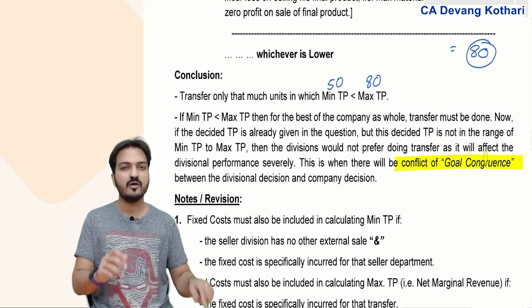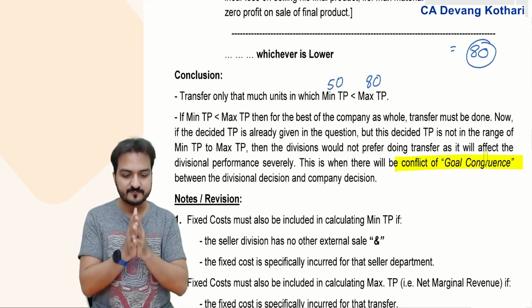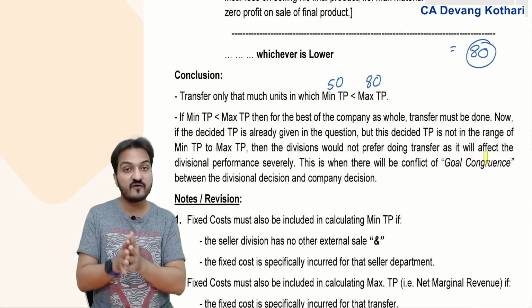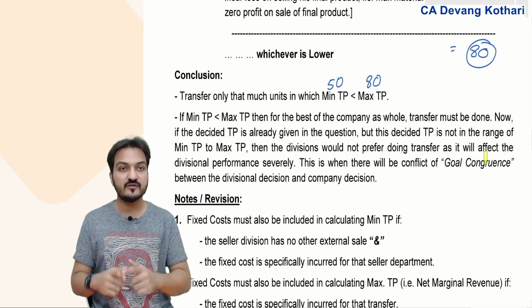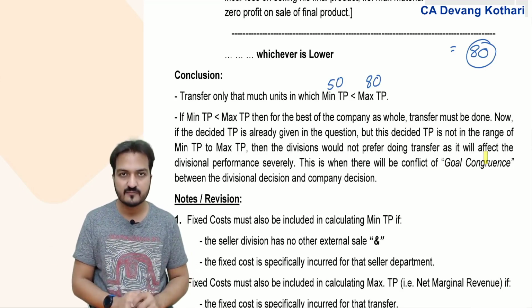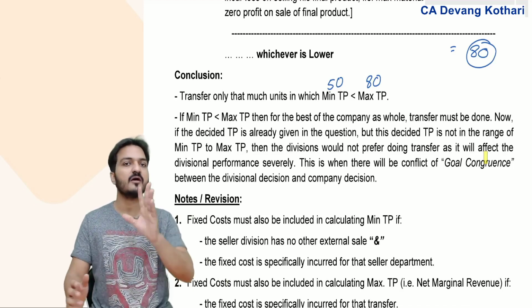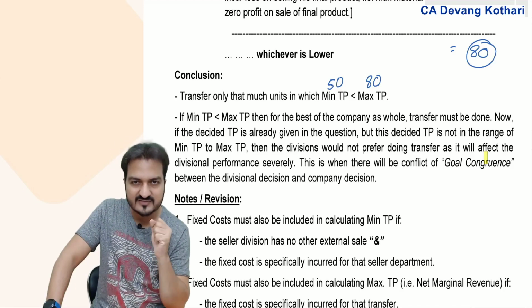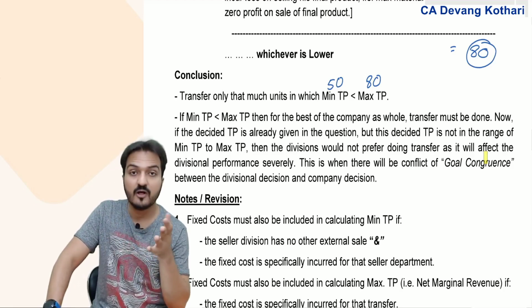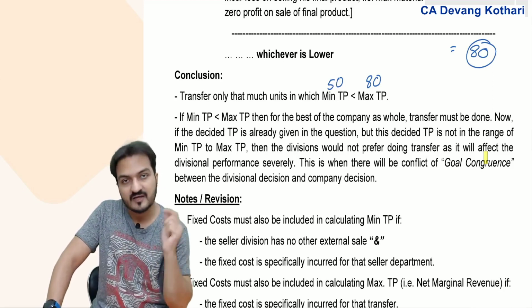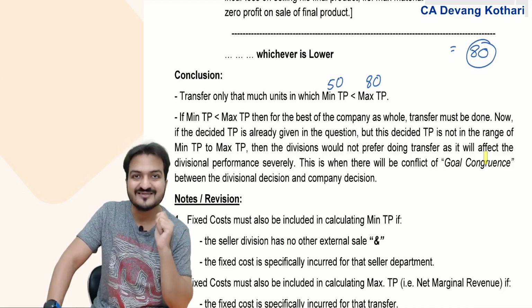What does that mean? Conflict of goal congruence means that the goal of the company is conflicting with the goal of the divisions. Divisional decision is different than the company decision. Division A decided he will not do transfer. Overall company decided that yes, transfer should be done. This is called conflict of goal congruence.